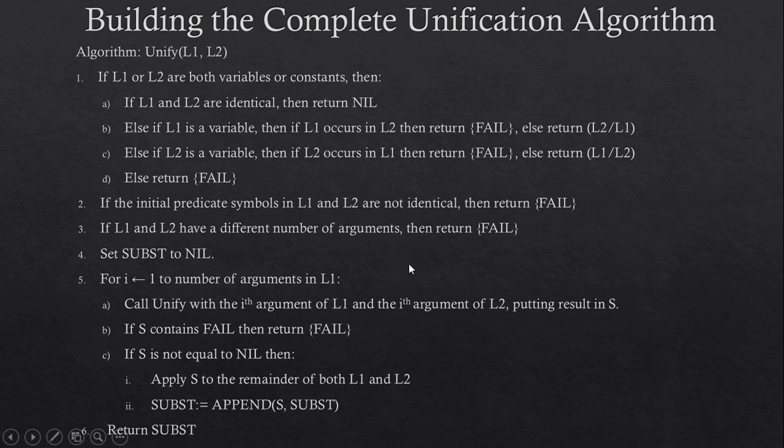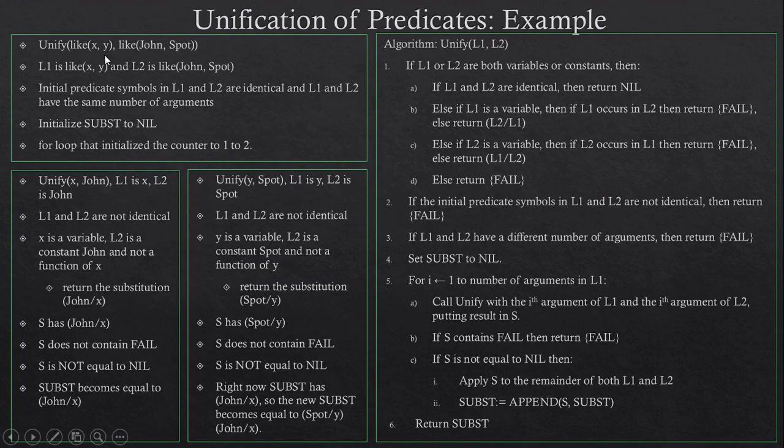Let us see if this works with our example of like x, y and like John, Spot. We first call unify like x, y, like John, Spot. L1 is like x, y and L2 is like John, Spot.